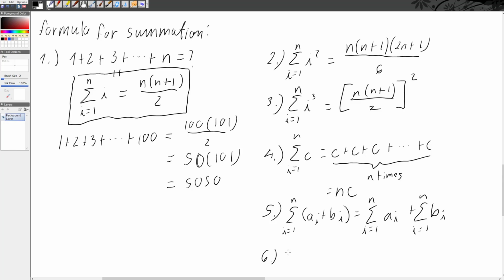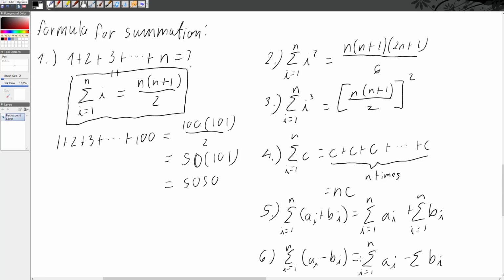And the same is going to go for subtraction. It's going to be the sum of ai minus the sum of bi. More on this, all of these formulas can be found inside the notes.